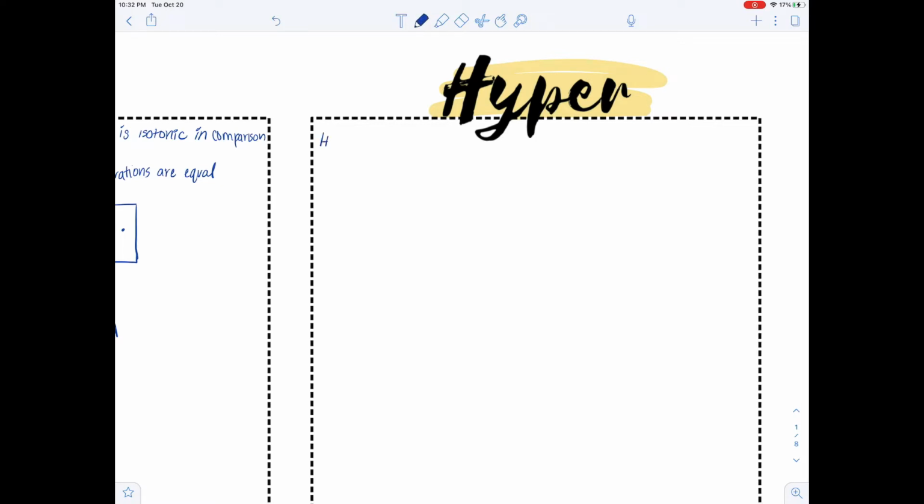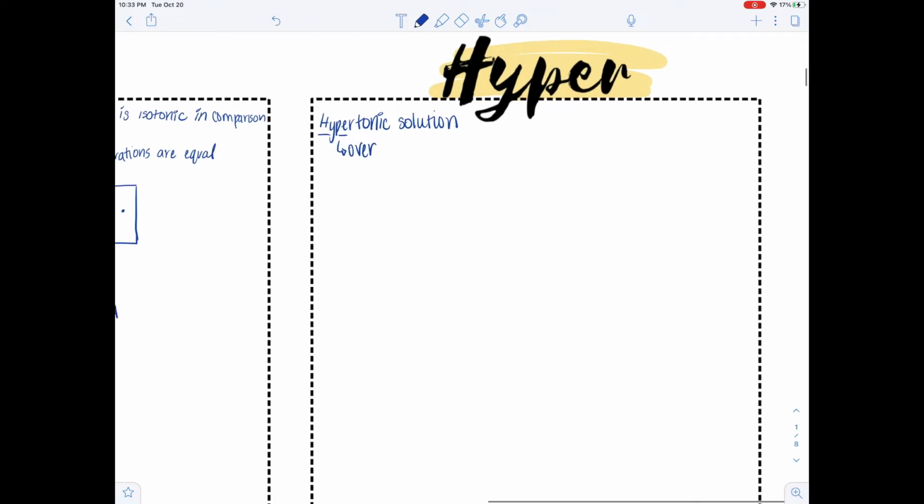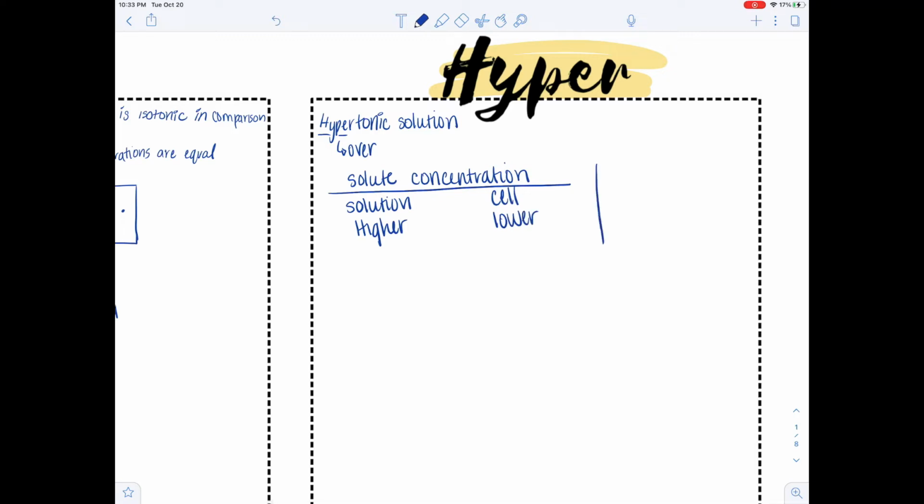Now let's move on to hypertonic. Okay, so our hypertonic solution, the word hyper is over. Okay, so it means over. So the solute concentration in a hypertonic solution, in the solution, is going to be higher, and in the cell it's going to be lower.